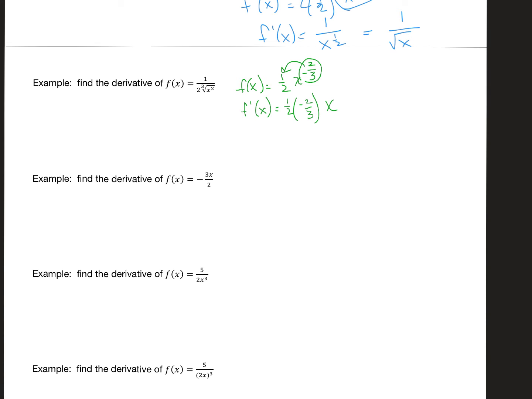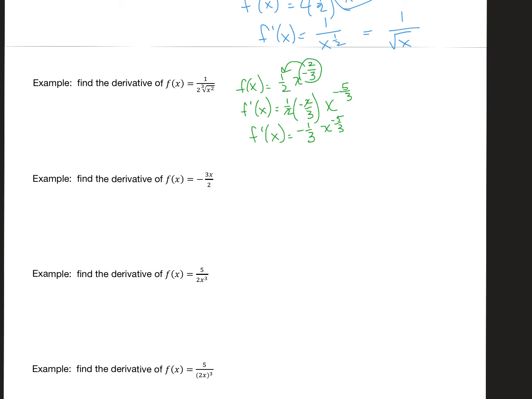Then you write your x and decrease it by 1. So that's negative 5/3. And then just, again, as always, don't forget to simplify. So that cancels with that. I end up with negative 1/3 x to the negative 5/3.